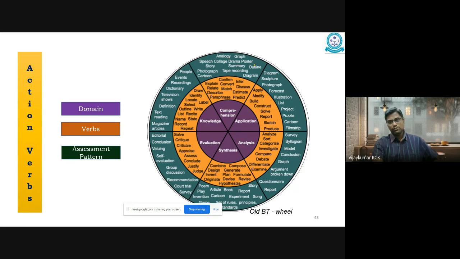So here in the third level, apply also, as I said, the diagram comes. So we can make use of whatever process or pattern is available, and accordingly we can try. This is one image that I got from the net, the wheel which describes the Bloom taxonomy. Of course, this is the old Bloom's taxonomy.